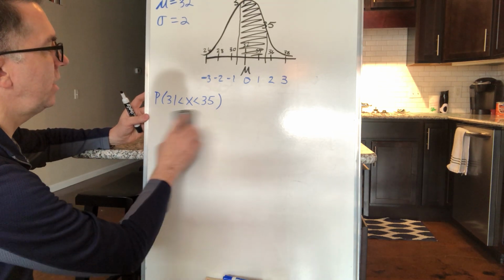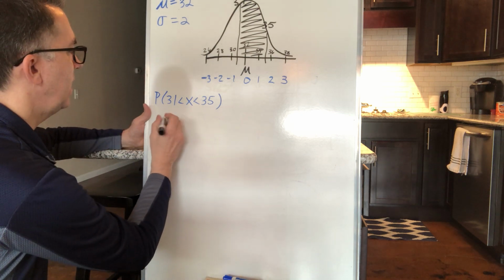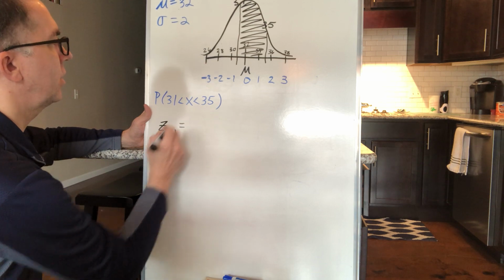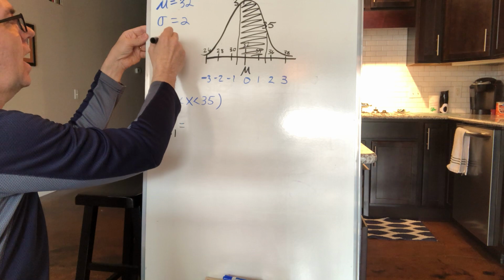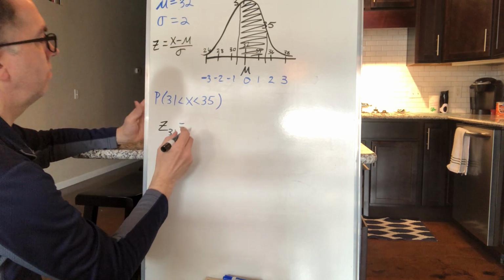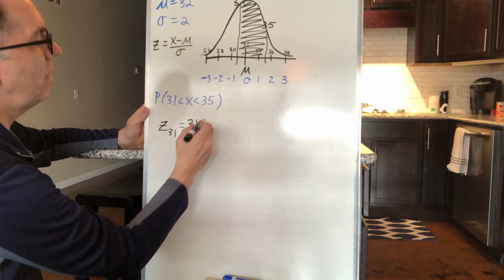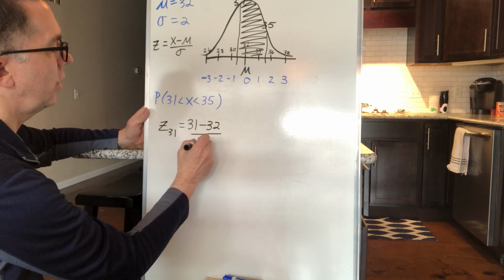All right, so we need to do a z-score for a 31. So let's do that first. A z-score for a 31 equals, let's remember our formula, z equals x minus mu over sigma. So our x this time is 31 minus our mean of 32, all over our standard deviation of 2.